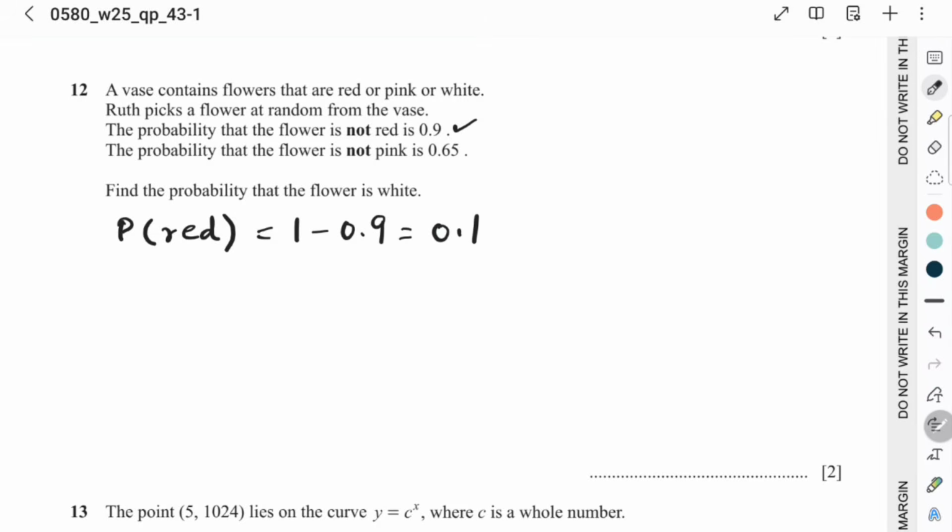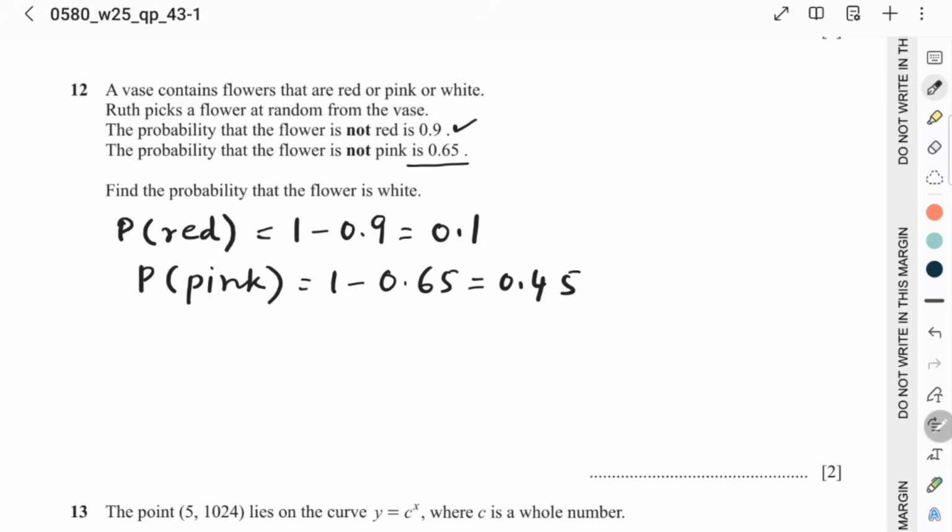That is for red. Now they gave you that the probability that the flower is not pink is 0.65. So the probability for pink will be 1 minus 0.65, that is equal to 0.35.